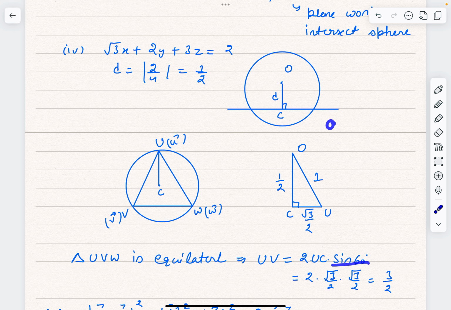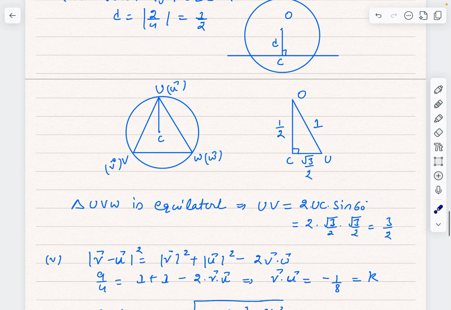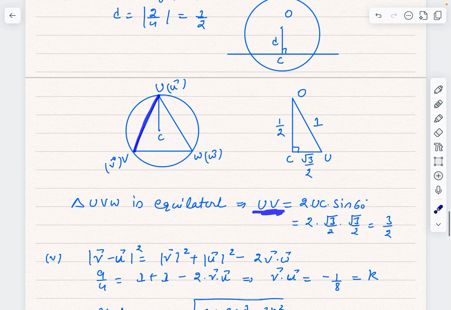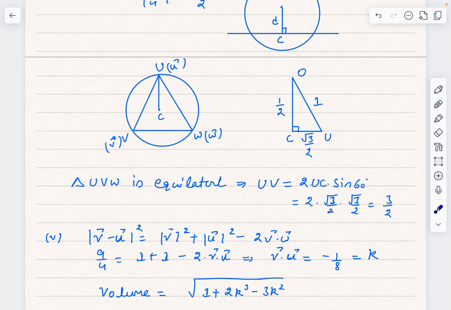The formula is a is equal to 2R sine A. Now put the value of UC, square root 3 over 2, times sine 60, square root 3 over 2, into 2, we get 3 by 2. And UV is the side length here. You know, we can write UV as mod of V minus U also. So mod of V minus U is 3 by 2.